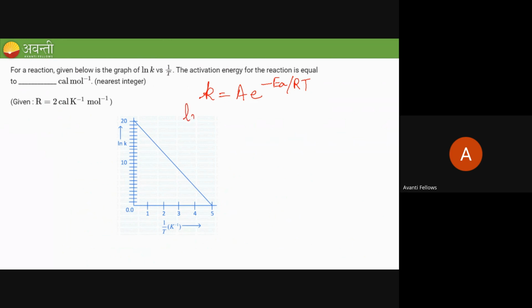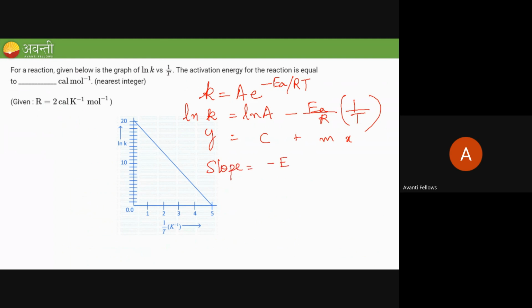Taking ln, ln K is equal to ln A minus Ea by R into 1 by T. Y is equal to mx plus c. So here the slope is equal to minus Ea by R, and it is equal to 20.